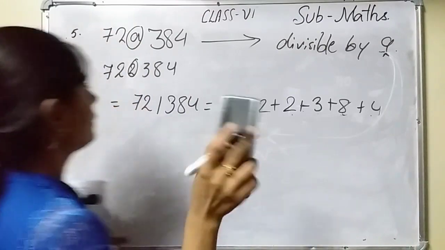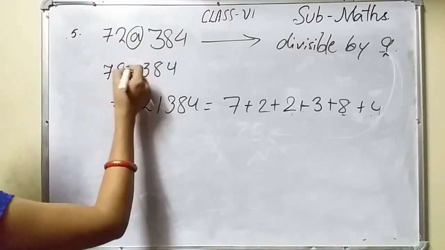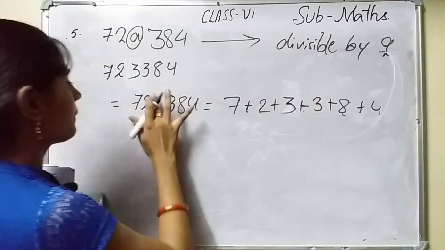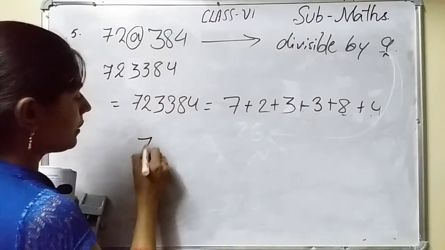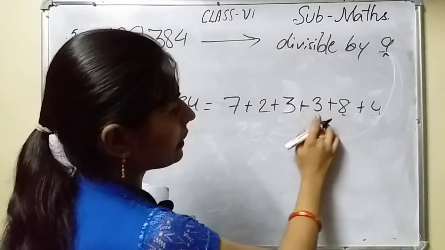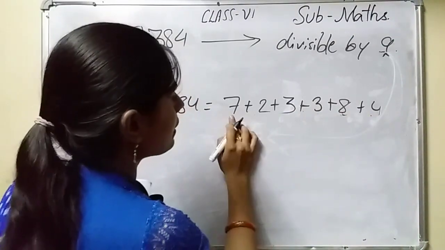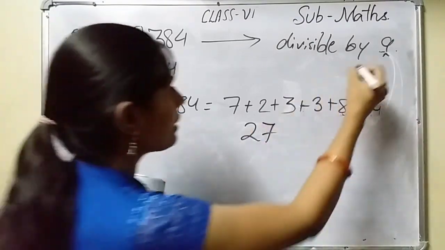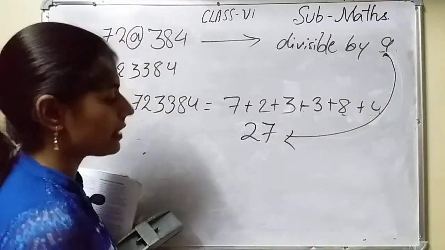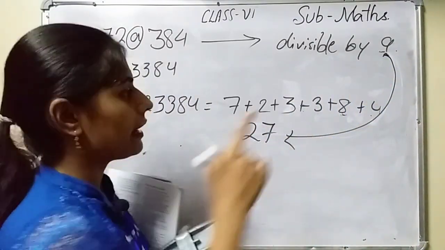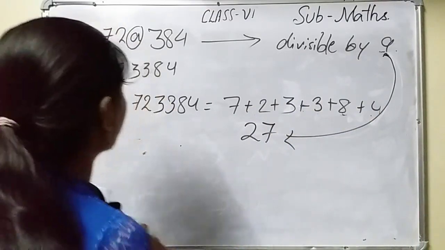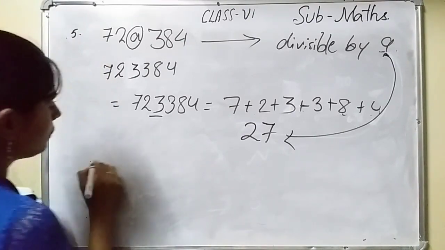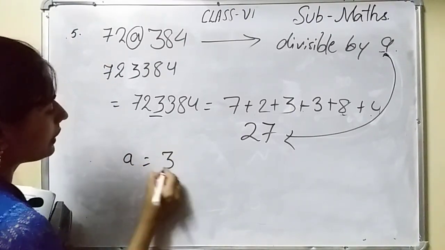Now try 3. When you add 3, 7 plus 2 plus 3 plus 3 plus 8 plus 4, you will get the sum 27. Is 27 divisible by 9 or not? Yes, 9 threes are 27. So here you will get the answer 3. Okay, so A is equal to 3.